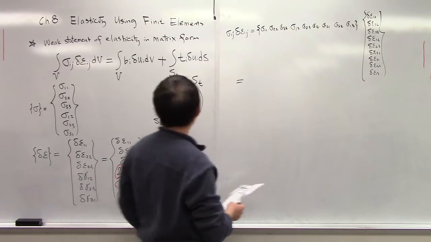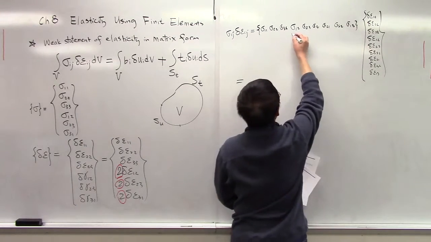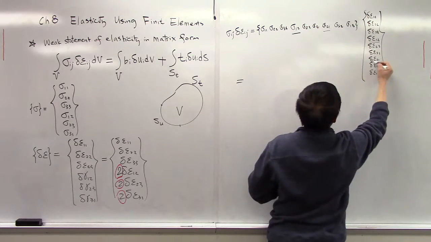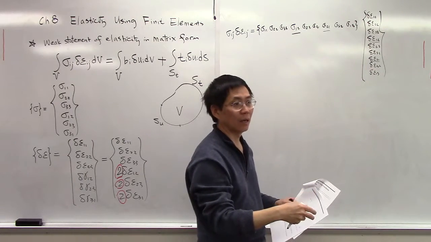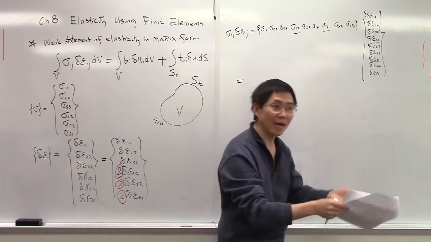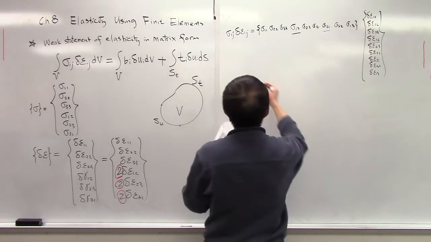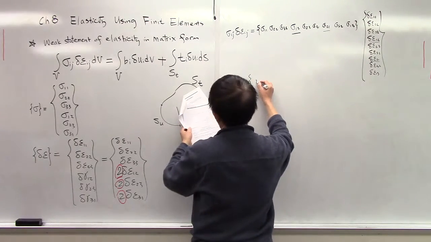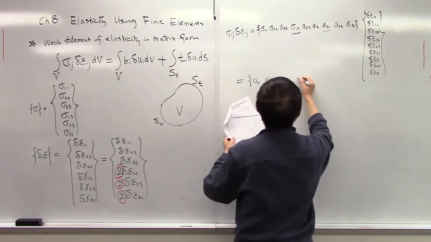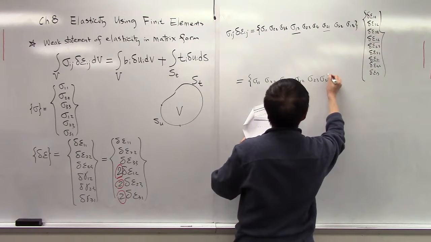Okay? But when we want to write it this way, as you can see, this times that, there is also this times that, and these 2 terms are the same. So you can combine them, and you have a factor of 2 in front. So at the end, you can simply write it as sigma 1,1, 2,2, 3,3, sigma 1,2, 2,3, 3,1.